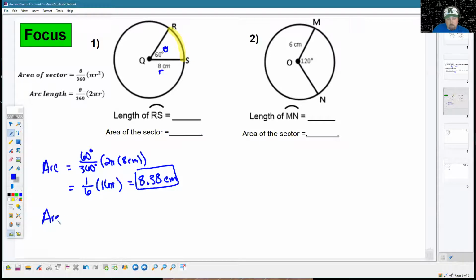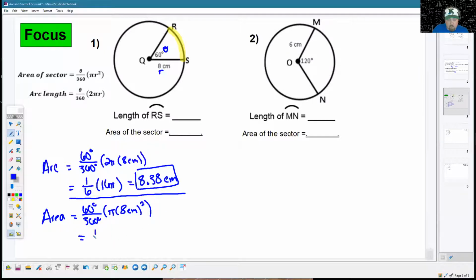Now we're going to do area. And I'm going to do this at the same time because I'm using the same central angle here. So this is going to be 60 over 360. And I know that's 1/6. I want 1/6 of the area this time, though. And the area of a circle is pi r squared. So it's pi 8 centimeters squared.